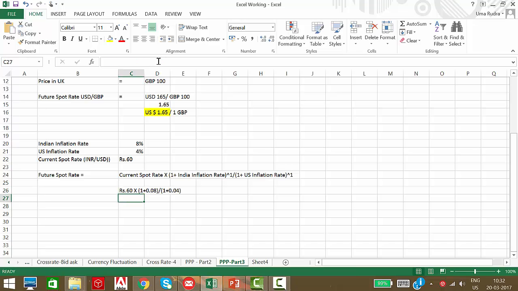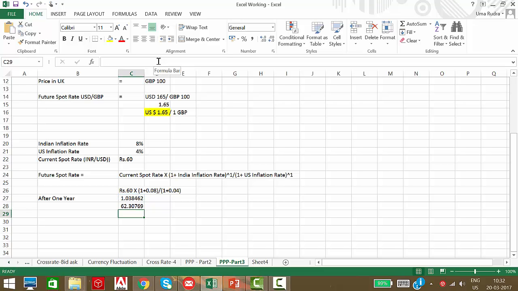So we are trying to determine the future spot rate after 1 year. 1.08 to the power 1 means the same, divided by 1.04. So 60 into this.